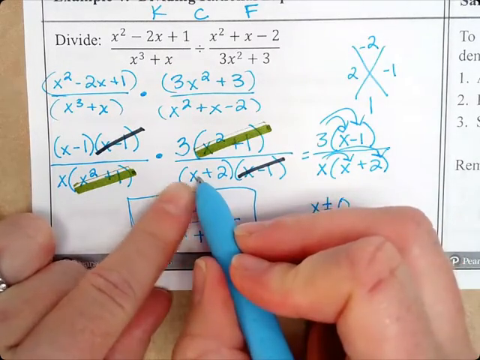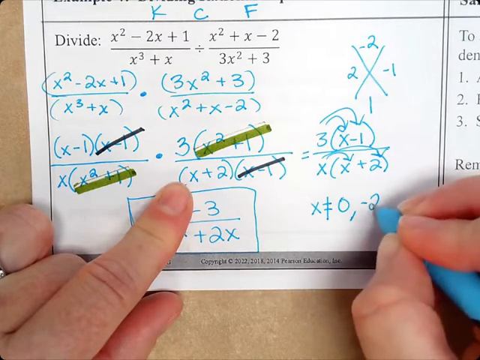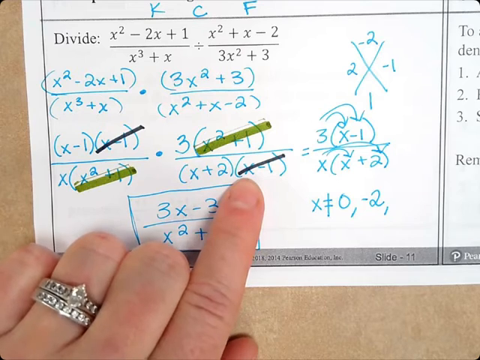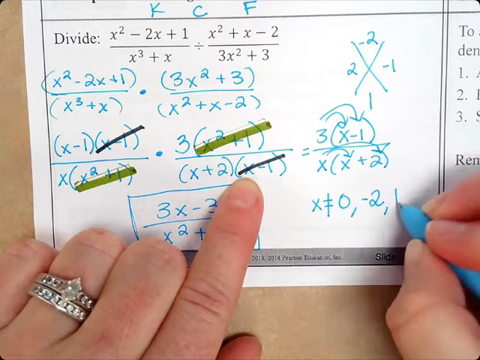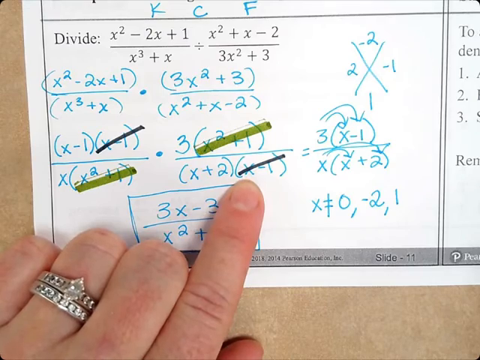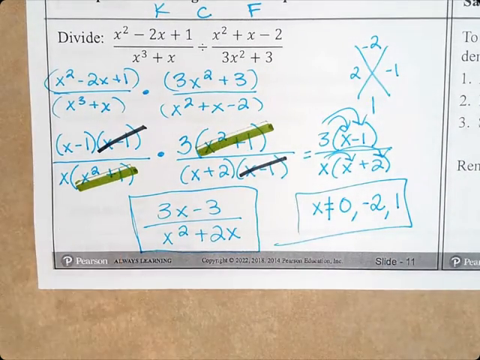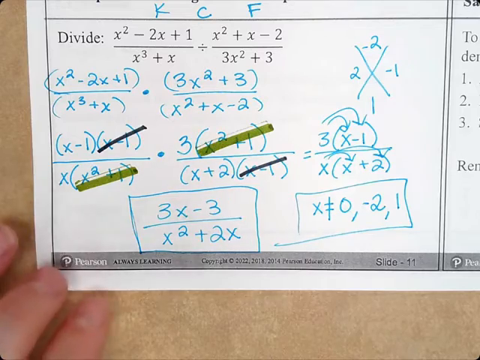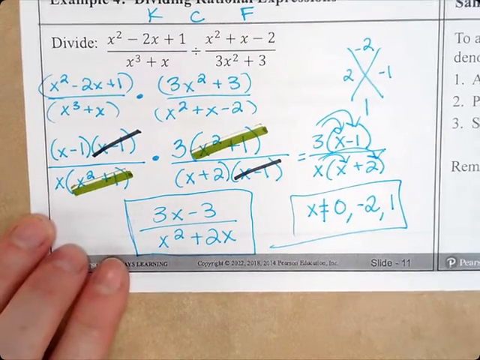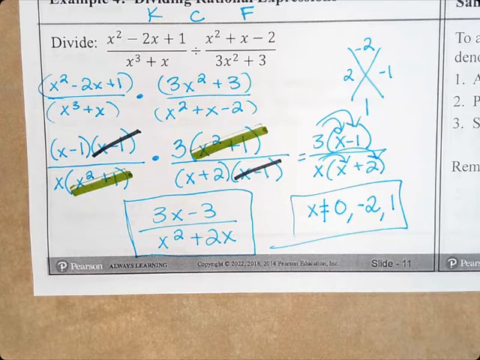So what would go here? Negative 2 plus 2 gives me 0. So that's a negative 2. And then here, 1 minus 1 gives me a 0. So x can't equal 1. Do y'all have any questions right now?